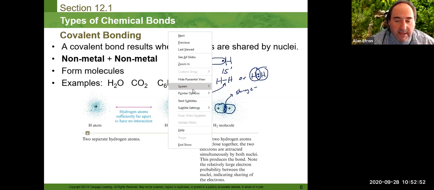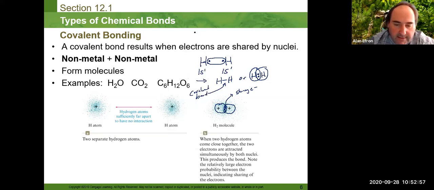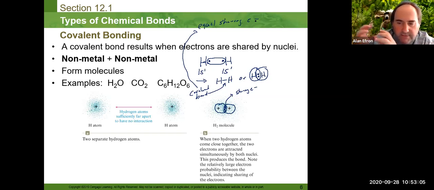And when we get equal sharing of electrons, what that means is that the electrons between the 2 atoms will spend about the same amount of time between both of them. And this is what is sometimes referred to as a nonpolar covalent bond.